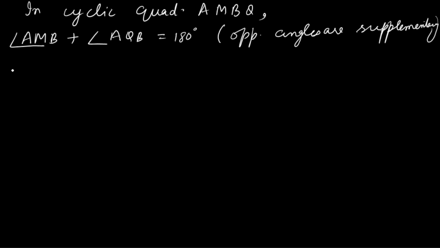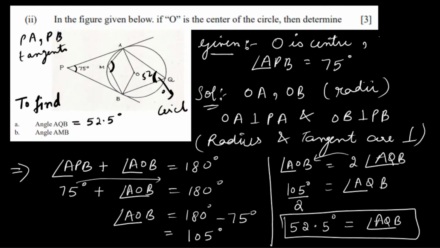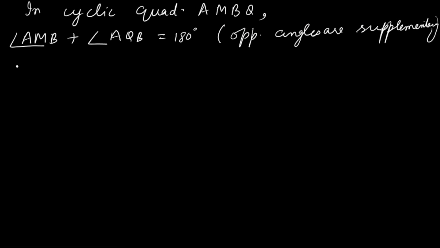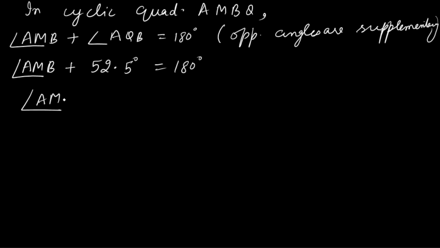So AMB we have to find, and AQB is 52.5. So AMB plus 52.5 is equal to 180 degrees. So angle AMB is equal to 180 minus 52.5, so this is equal to 127.5.